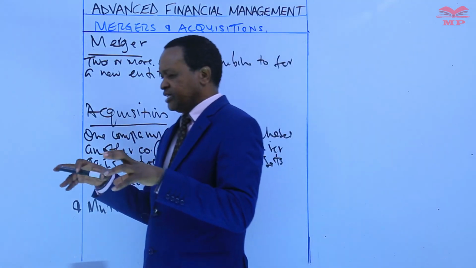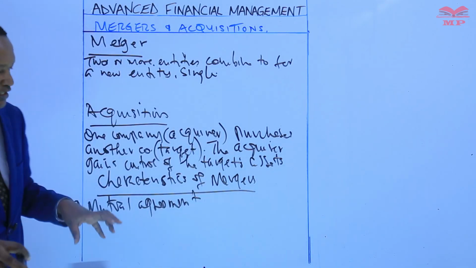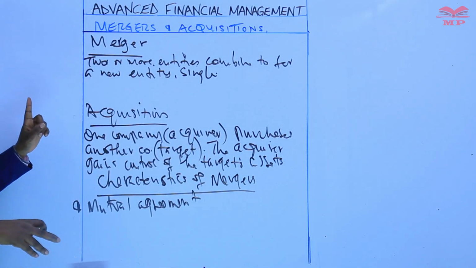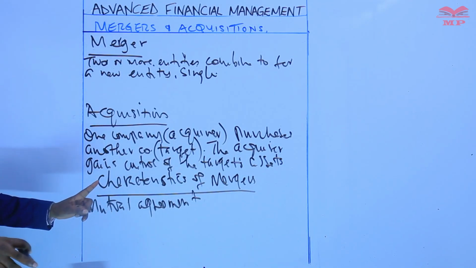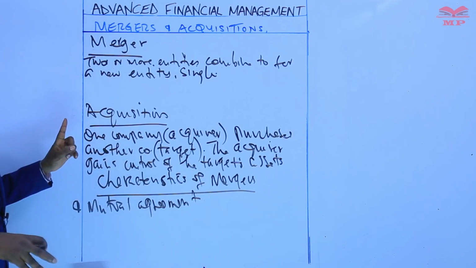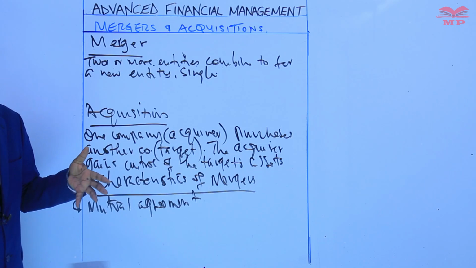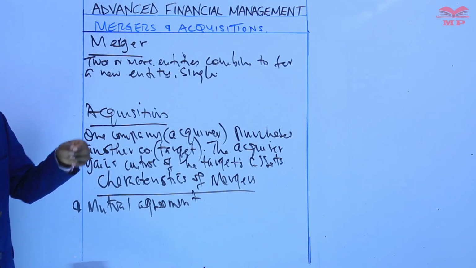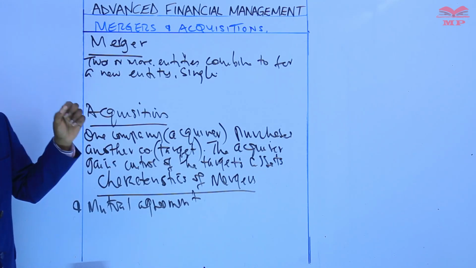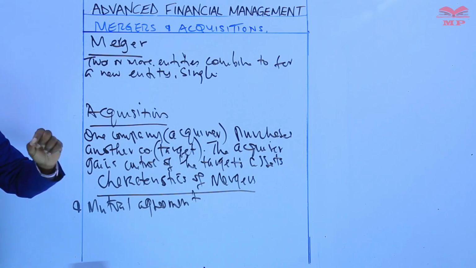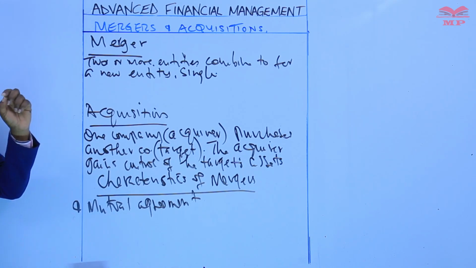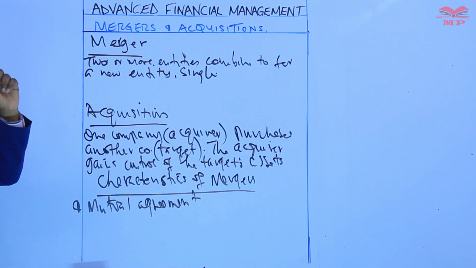The parties consent to stick together. So in a merger, the companies consent to the combination. It is a mutual agreement between the companies involved. That's the first characteristic.